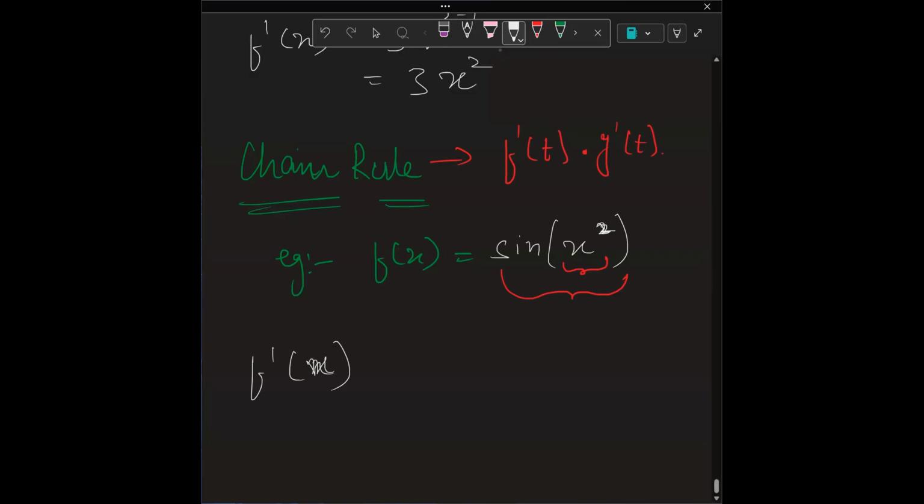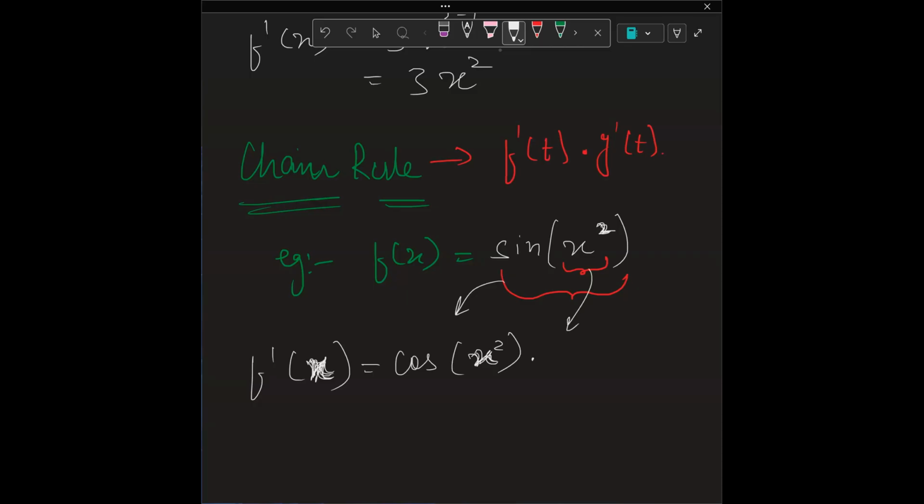Using the chain rule, if you have to find the derivative, your f(x) is sin of x square. What is the differentiation of sin theta? It is cos theta. So this is cos of x square. Now this is completed for the first one. Now you have to check for x square.